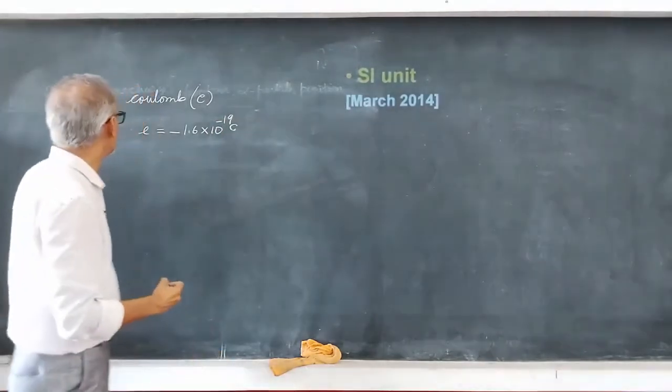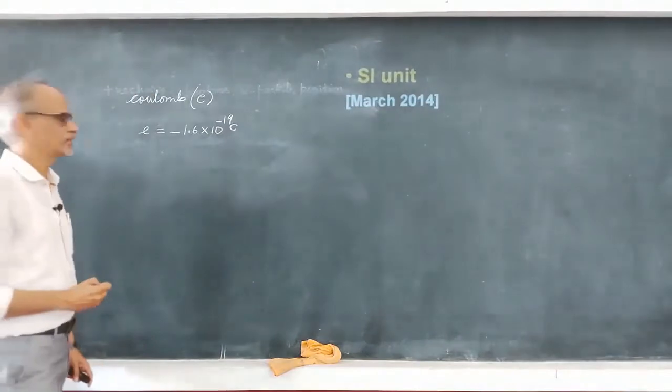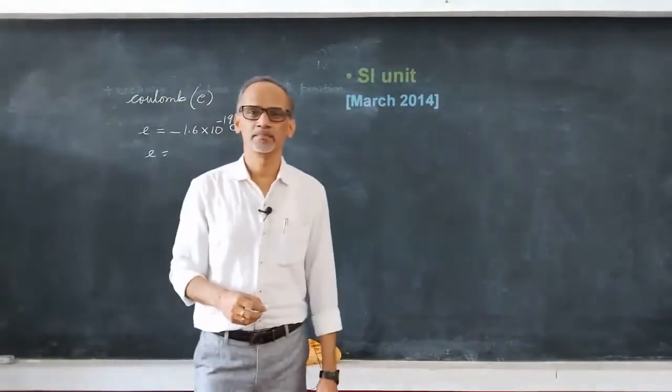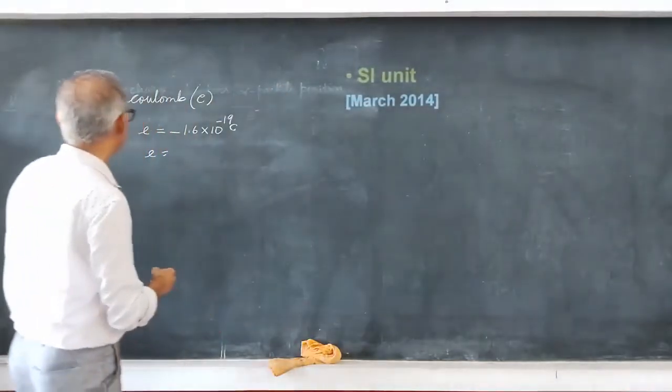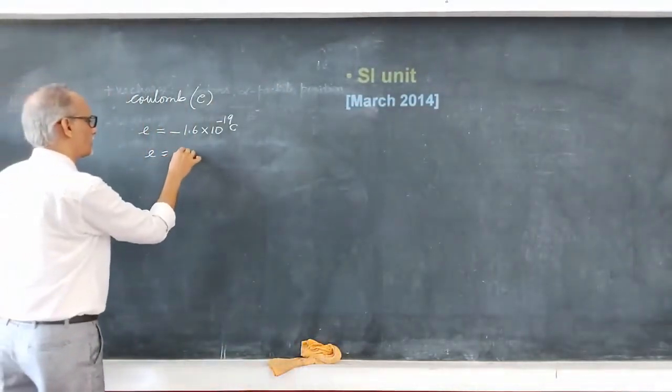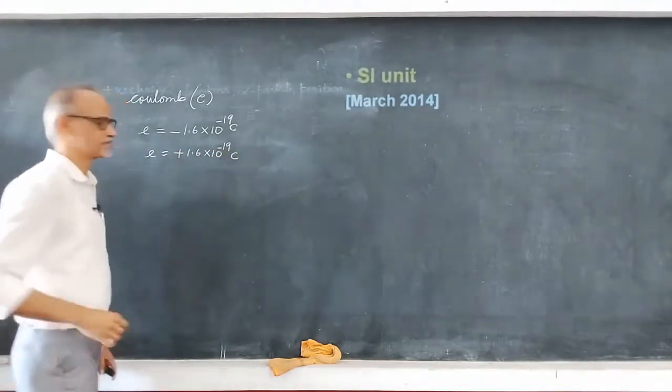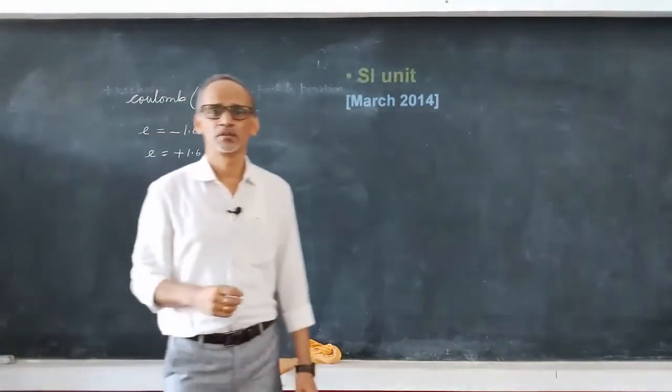Similarly, what is the charge on the proton? The symbol is the same, e, which is plus 1.6 into 10 to the power minus 19 Coulomb.